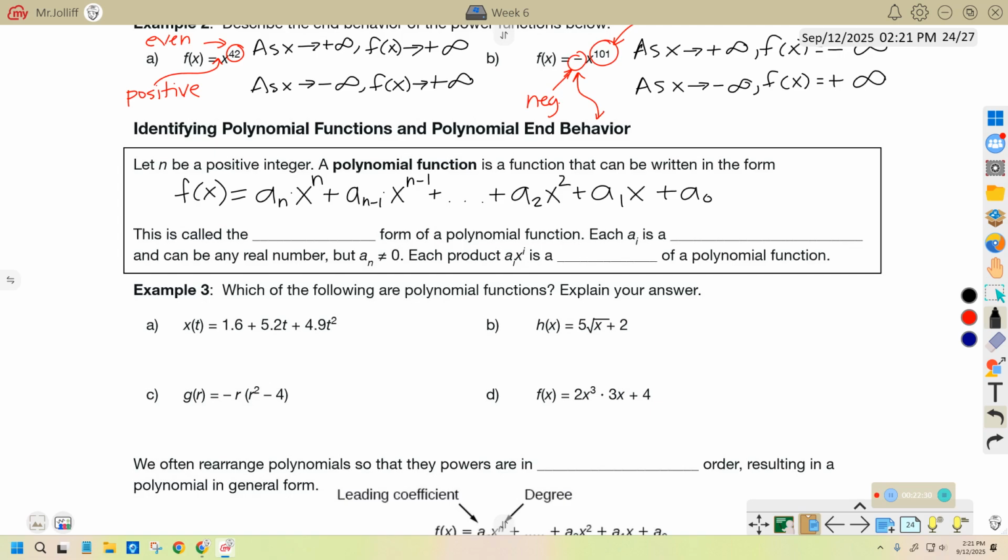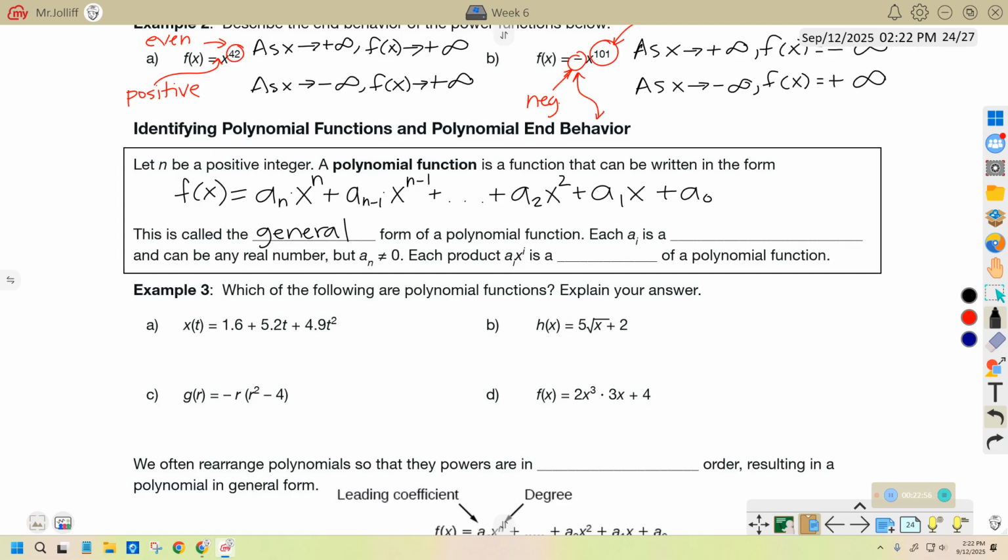And this particular form, where the exponent is slowly getting smaller, n minus 1, n minus 2, all the way down to n is 0, which means it's x to the 0, is called the general form. That's the preferred form for polynomials.